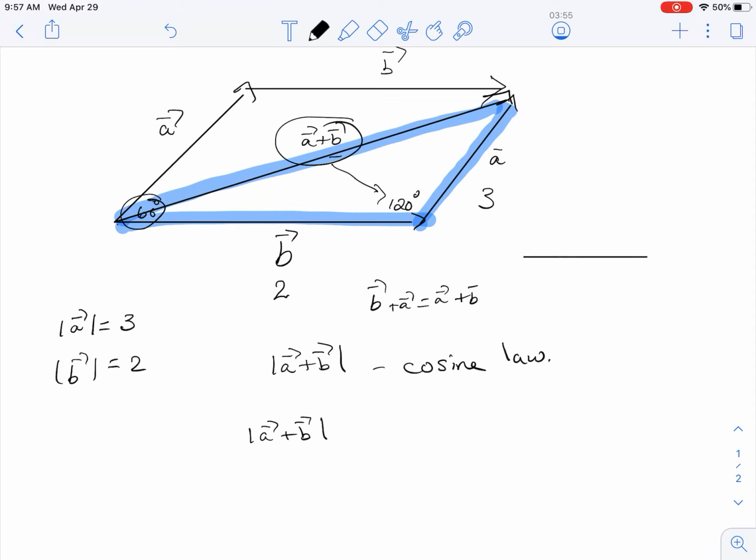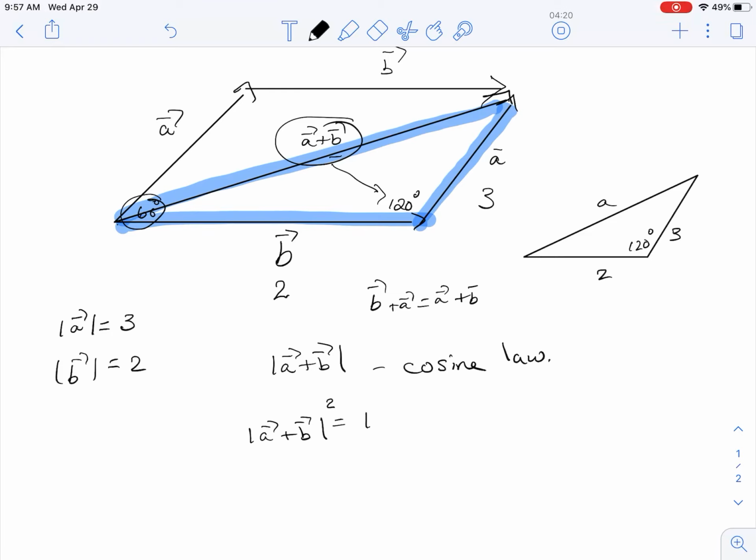So remember, magnitude of A plus B is the length of that. You could also take that triangle out if you wanted to. Sometimes it helps just to redraw it. It takes away some of that busyness. This is what you're looking at. If this was just regular A, not vector, you would apply your cosine law there.